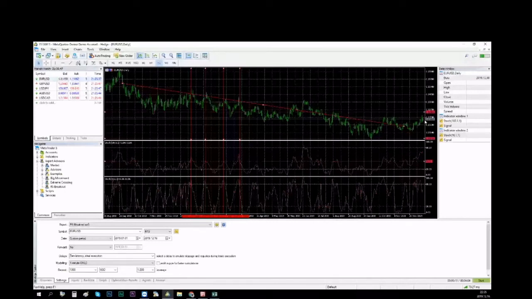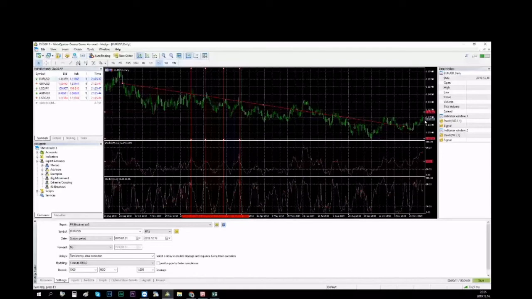I don't want to be against the trend. If some price is going near to the resistance here, it means it will go up in the future. I'm always looking like that.